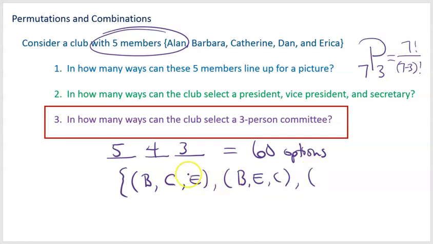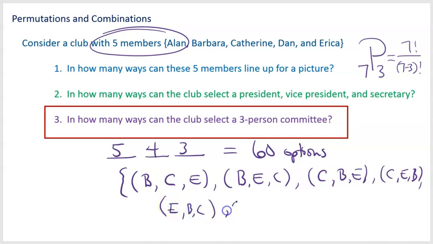Now, I can't think of any other way that Barbara could lead the crowd, right? We did every option there. So now let's let Catherine lead the crowd. So how about C, B, E, and then C, E, B. And then also Erica could lead the crowd. And that would be E, B, C, and E, C, B.